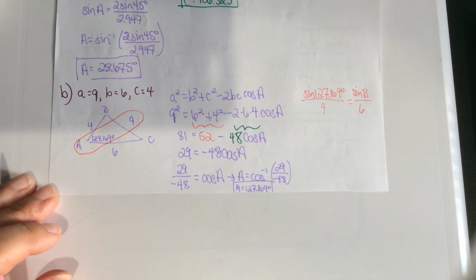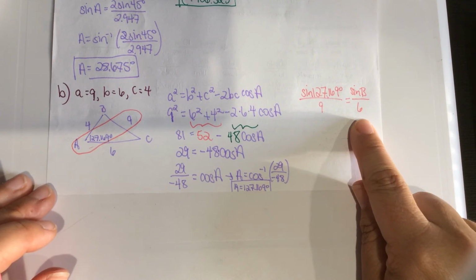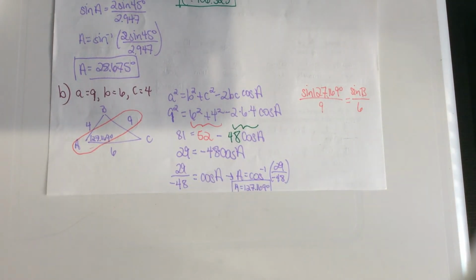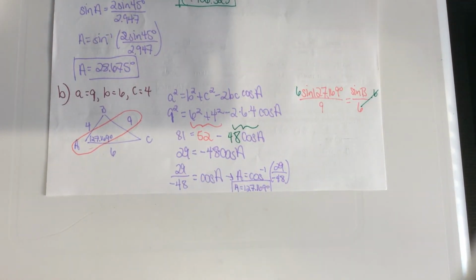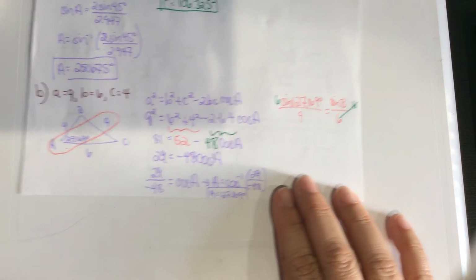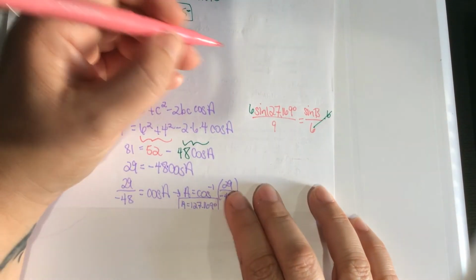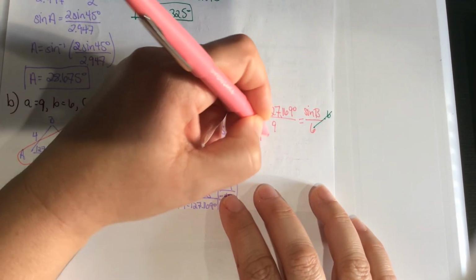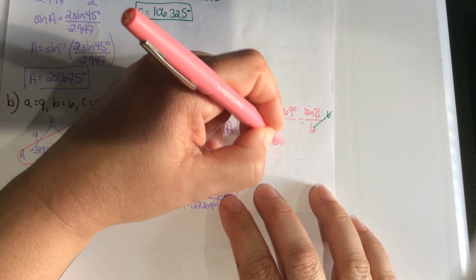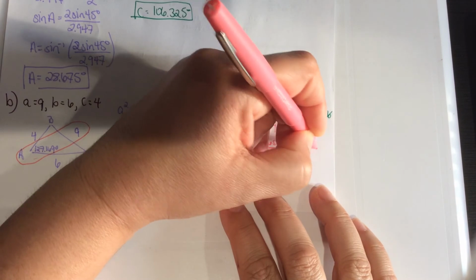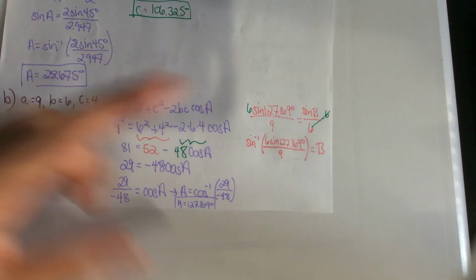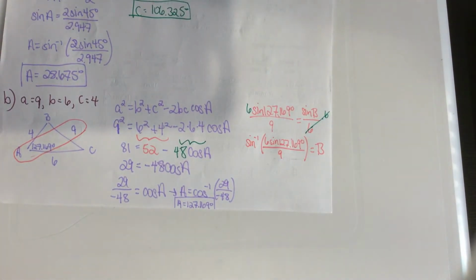I'm just going to multiply both sides by 6. If I just multiply by 6, that's the fastest way to get rid of it. I don't even need to cross multiply at that point. And then I'm going to take sine inverse of both sides. Let me make it more evident that I'm crossing that off.